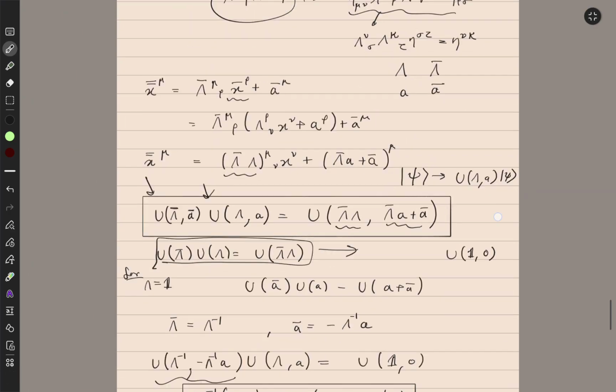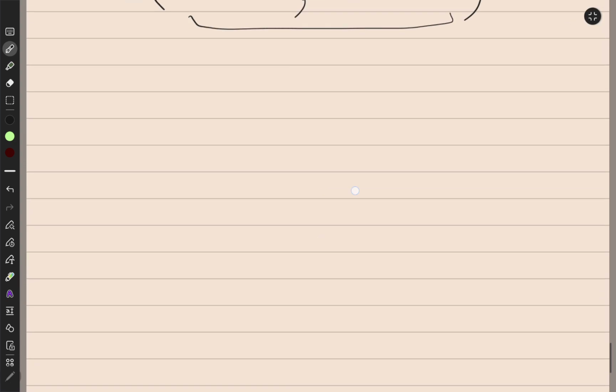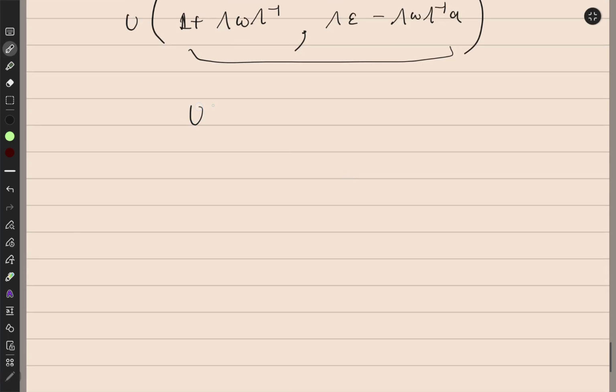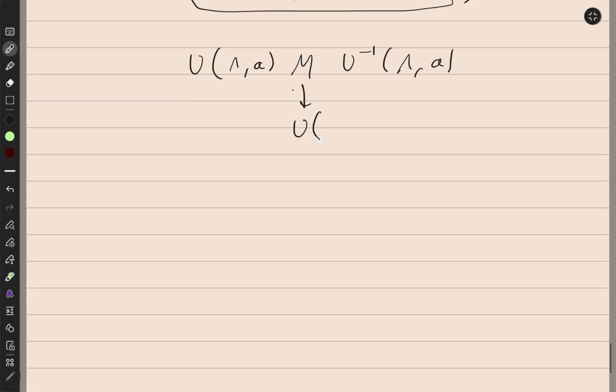So what we have done is that we looked at how a certain matrix M changes under a Lorentz transformation on the Hilbert space. This is how it changes. First we replaced M with a Lorentz transformation matrix itself of infinitesimal form, like this.